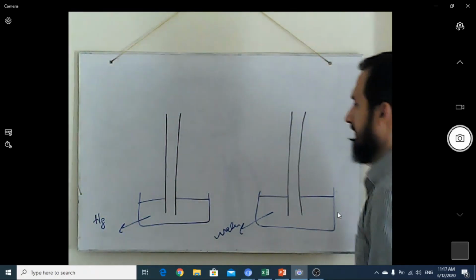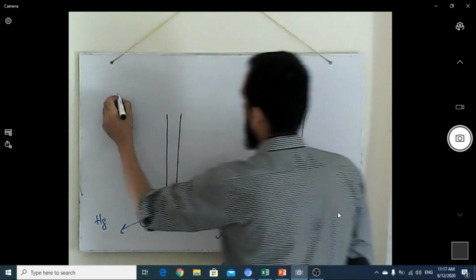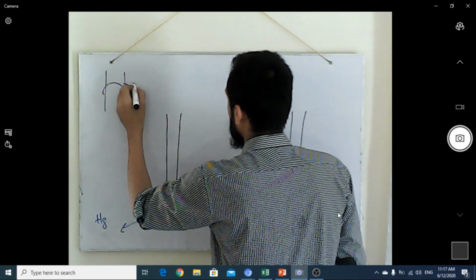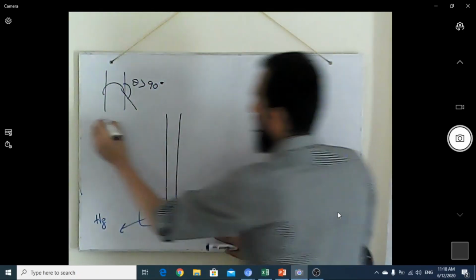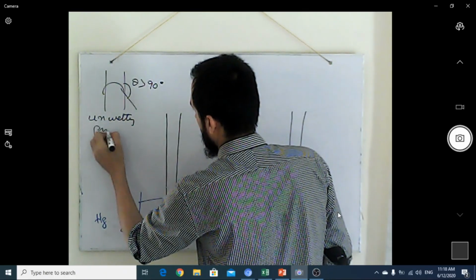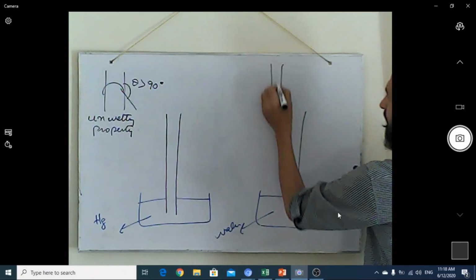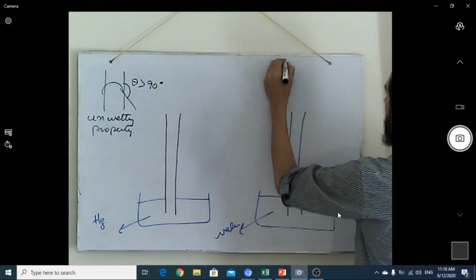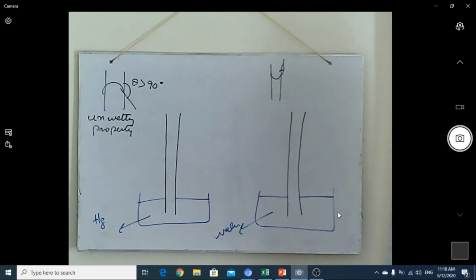As we know, mercury has an unwetting property, and its angle we have found to be greater than 90. This theta is definitely greater than 90 degrees with the unwetting property. On the other hand, if we see water, it will give you an angle very small, almost equal to 0 degrees even.